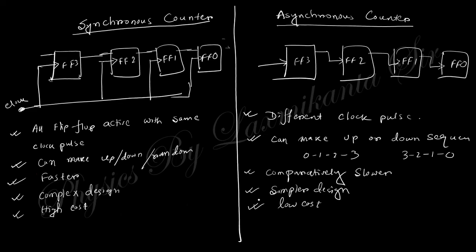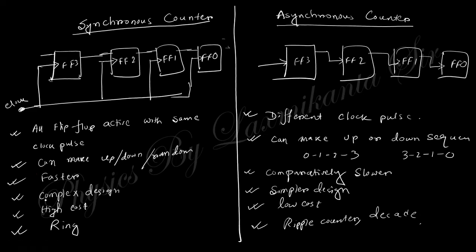The example of synchronous is the ring counter, and the examples of asynchronous are the ripple counter, decade counter, etc. So I think you understand that in a synchronous counter the flip-flops are triggered by a single clock, but in an asynchronous counter they are triggered with different clock pulses.